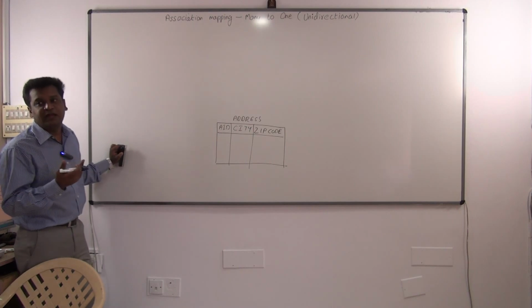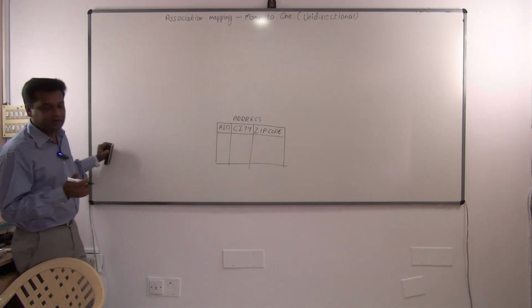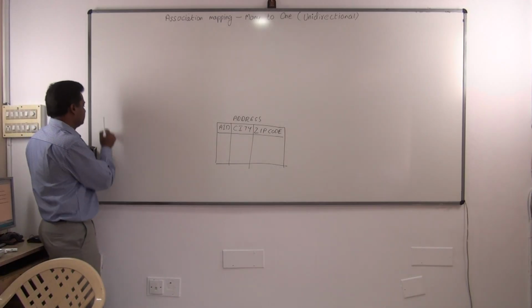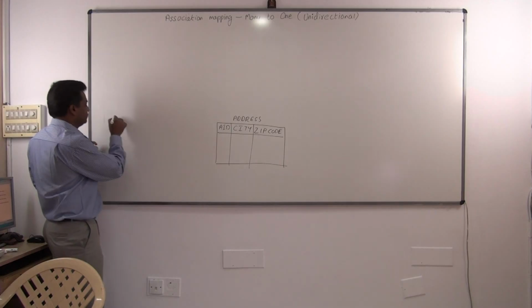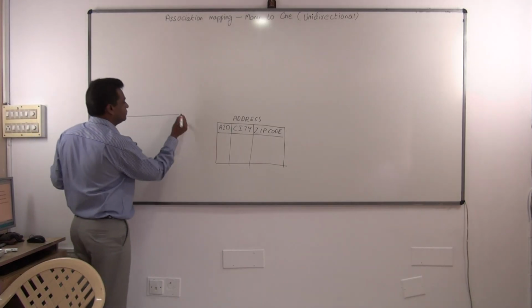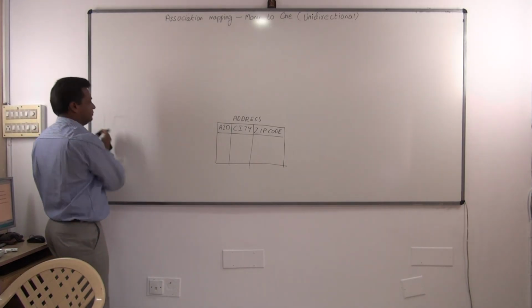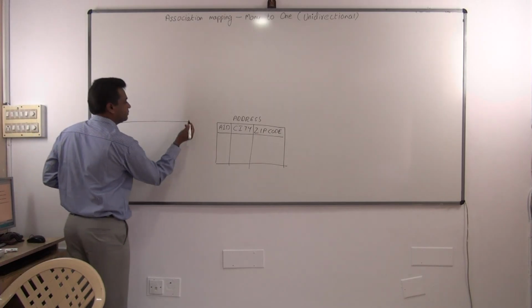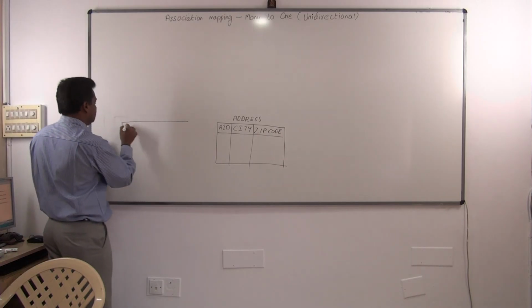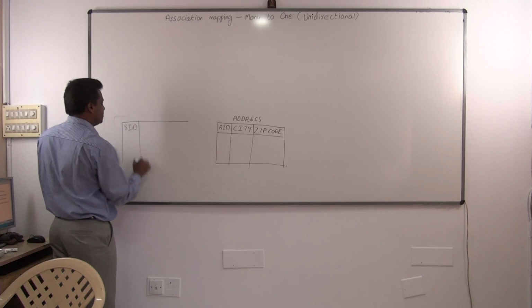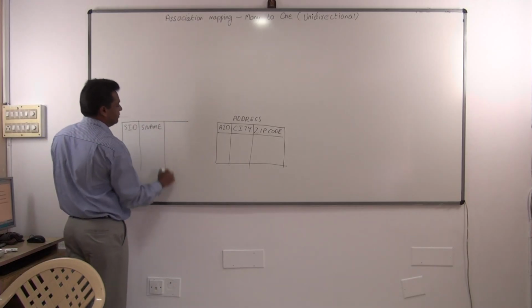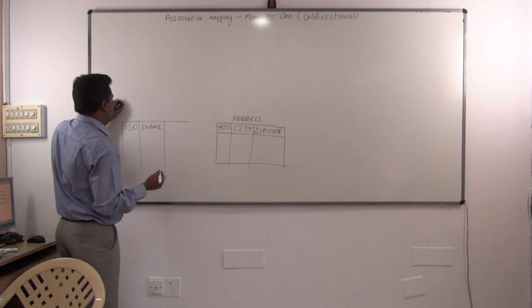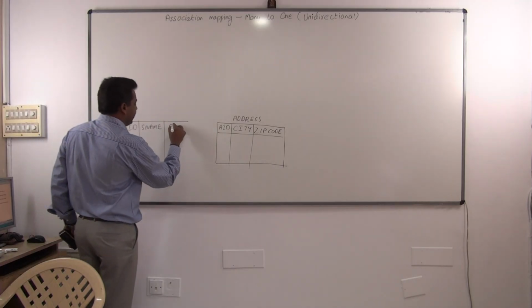So for students we'll have one more table. This also will have SID, it will have SNAME column. And it will have one more column called AID.